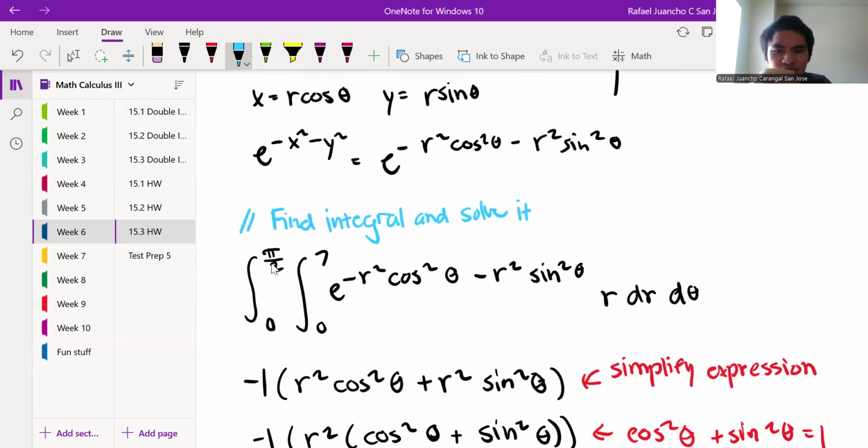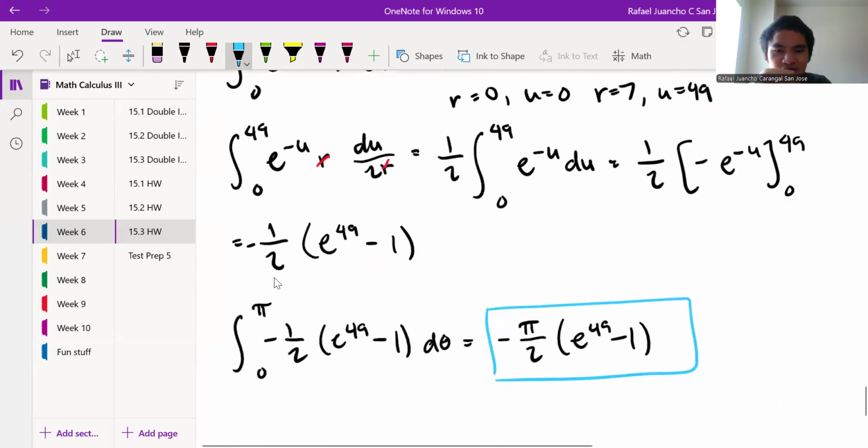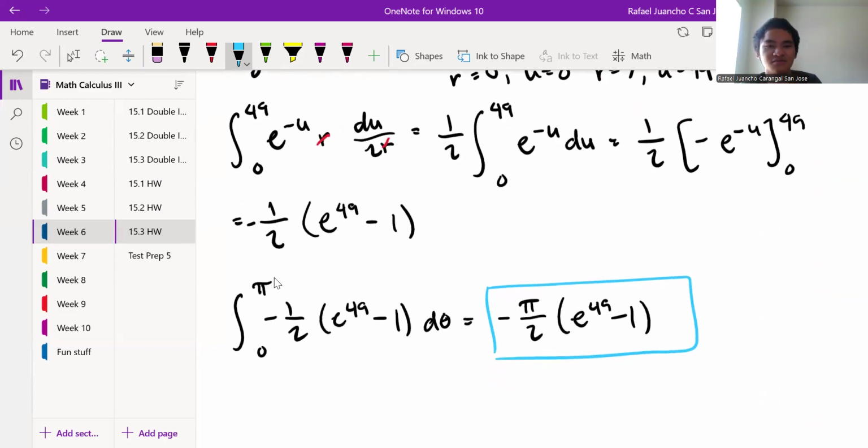Oh, why did pi half? That one's pi half. And then this would have been a different answer because I would multiply the pi half here, so this is pi fourth. I almost forgot about that.